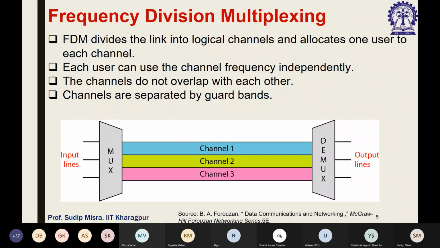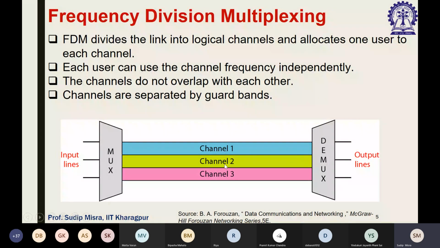This user can use the frequency range of that channel independent of the channels being used by the other users. As you can see pictorially, even though these channels are logical separations, they do not overlap with each other. This is shown pictorially, but how do you make them separate from each other? This can be done with the help of guard bands.